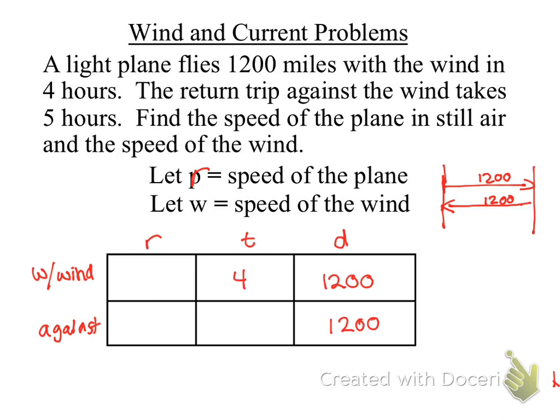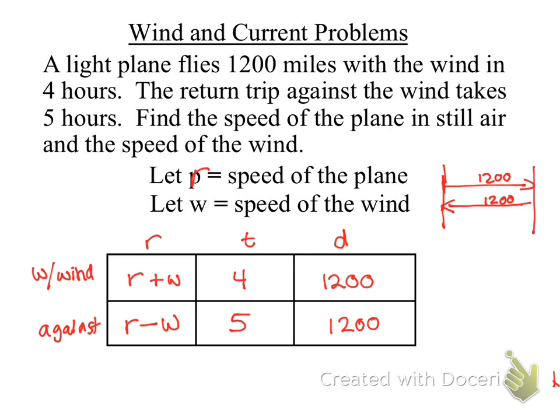And the 5 is the against the wind, the more time. Now we're talking about our speed. Do we know the speed of the plane? No. So we call it R, both ways. The difference is with wind would be plus W and against wind would be minus W.